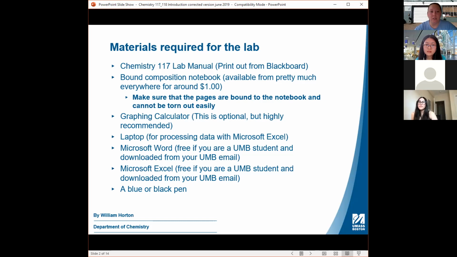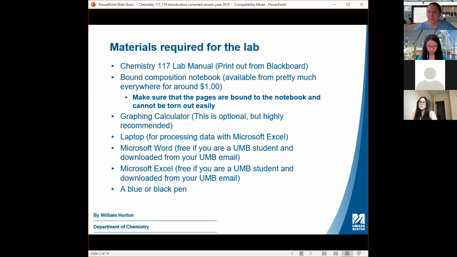It says you need a bound composition notebook. It doesn't need to be a bound composition notebook this semester because we are not collecting the notebooks as we usually do. Just make sure that you are writing all of your notes in one place for this class.